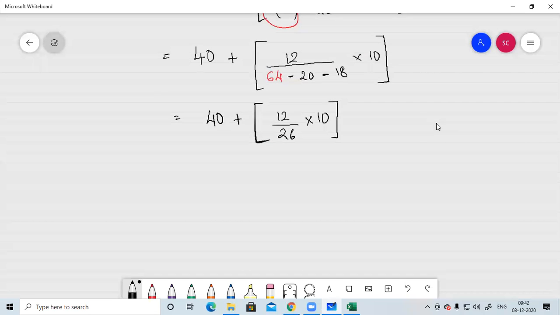Now, since this is multiplication, how to do it? Your simple way of doing it is 40 plus, you first do 12 into 10. So you can do the calculations like this, 12 into 10, 120, divided by 26.